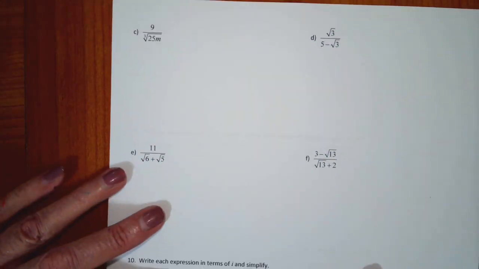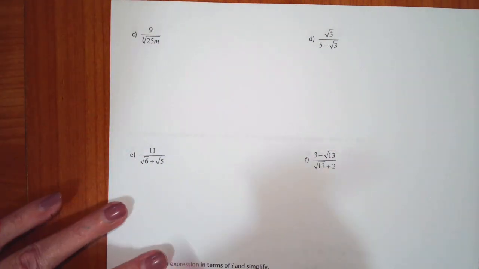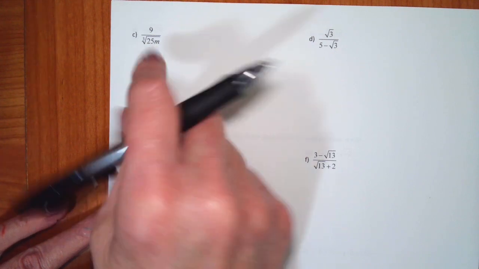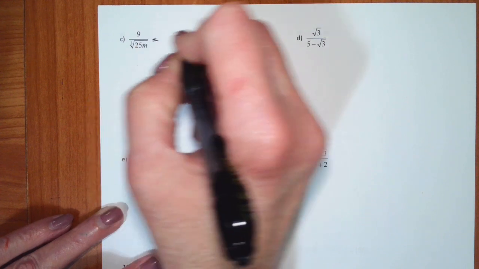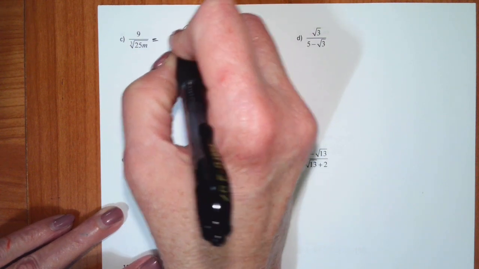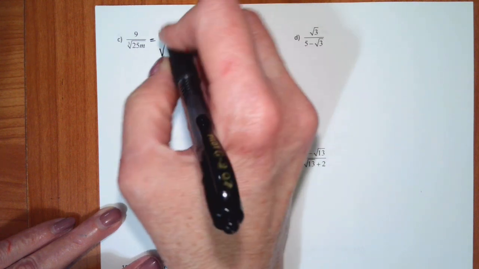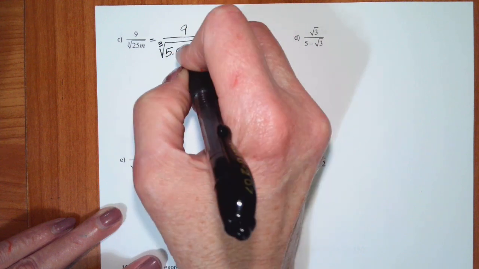Okay. All right, for C, let me brighten this up just a little bit. I have the cube root of 25m to the second. Okay. So this is actually 9 divided by the cube root of 5 times 5 times m.